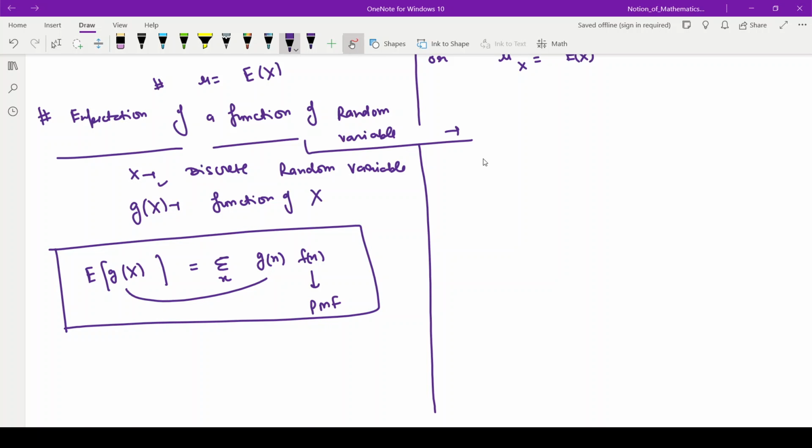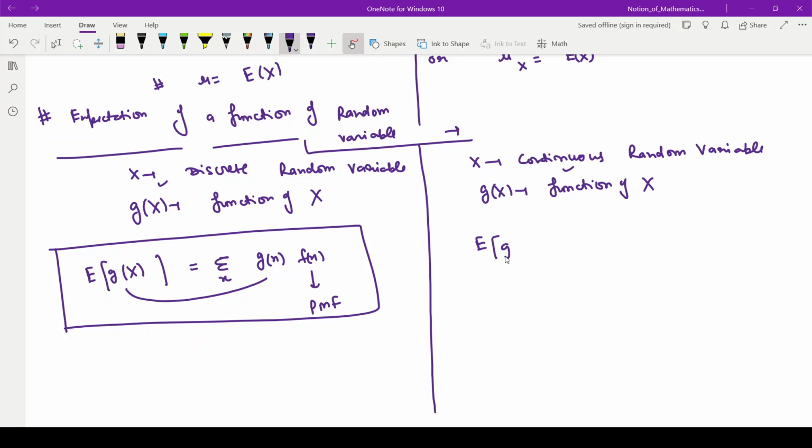Next aspect is when X is a continuous random variable, and g of x is again, as we know, a function of X, I mean to say a function of this continuous random variable.